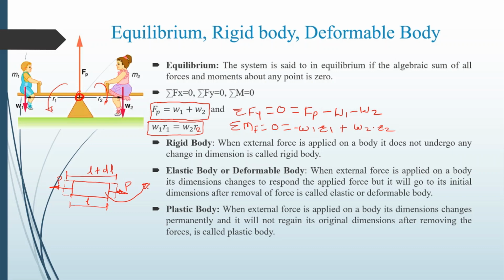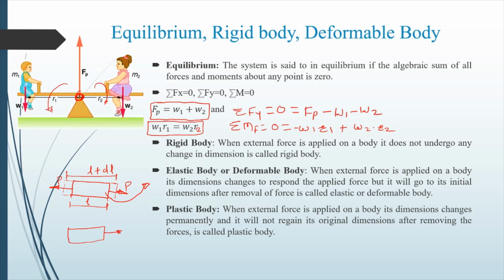The definition of a plastic body: when an external force is applied on a body, its dimensions change permanently, and it does not regain its original dimensions after removing the forces. Such a body is called a plastic body. Suppose the same body is there, but this type of body is a plastic body.